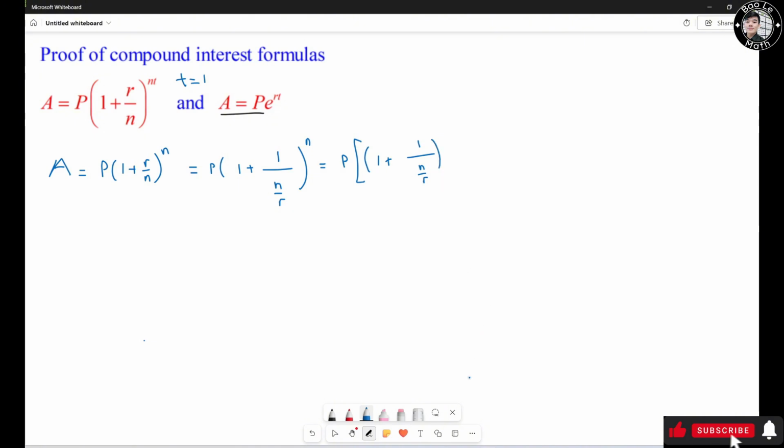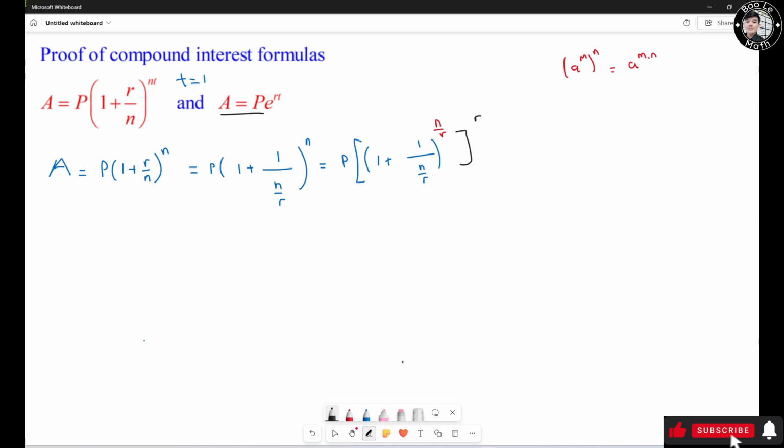Now, remember that a power of m, all together to the power of n, is going to be a power of m times n, right? So the exponent n right here can be written as n over R, all together to the power of R outside, right?